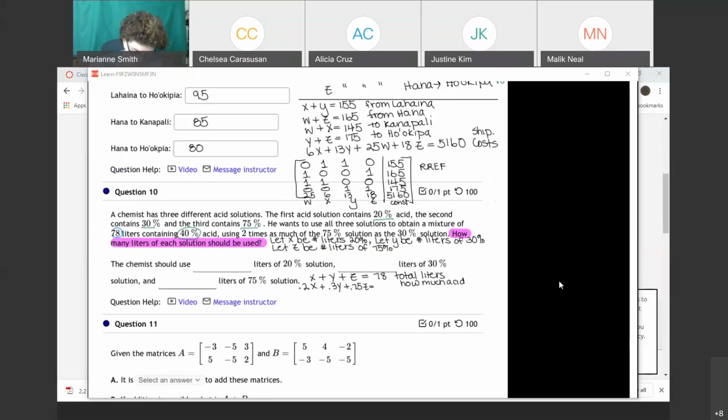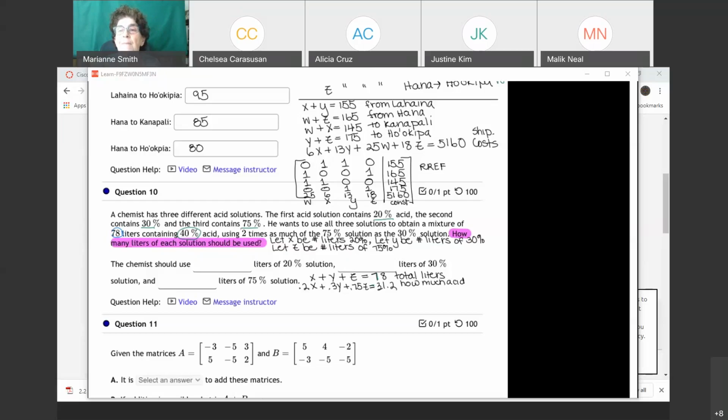So I got 31.2 liters. Does everybody understand how I did that? This is asking you how many liters of acid are in each one of these.